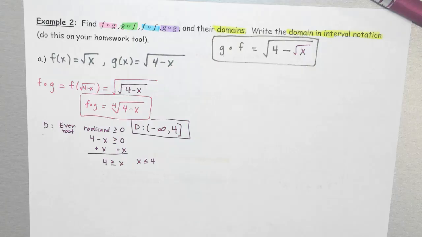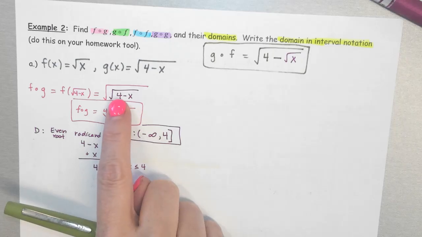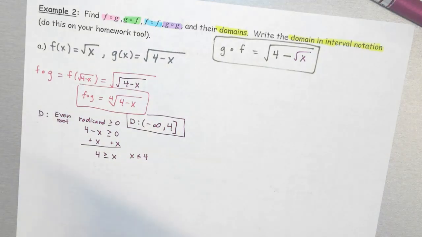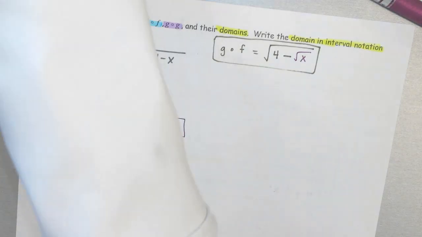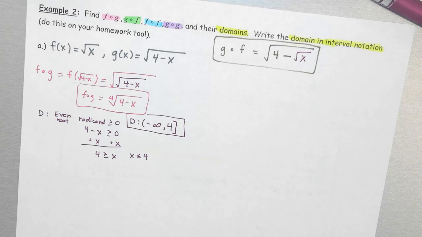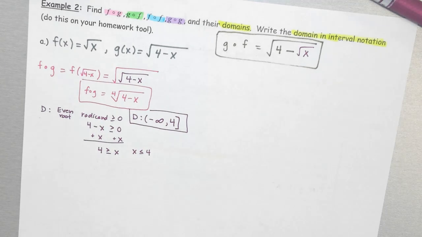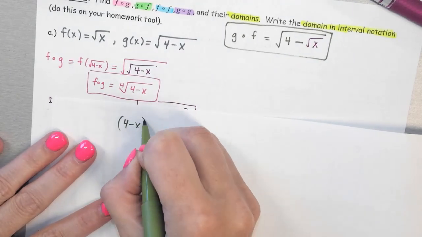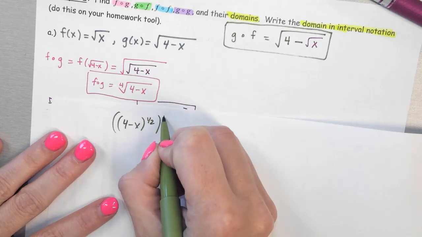Okay? And remember, another way to think of these is like 1/2. The reason why we can do it here is if you have 4 minus your value to the 1/2 power and that is to the 1/2 power, you can multiply those together, and you're able to simplify the 1/2 to the 1/2.